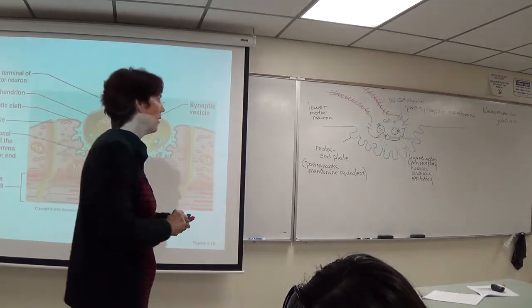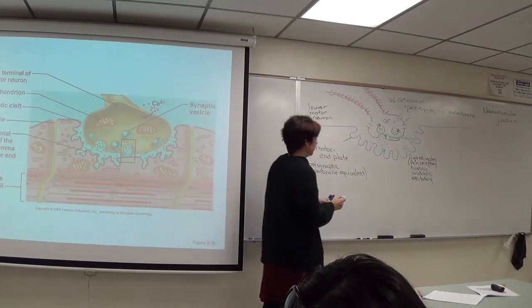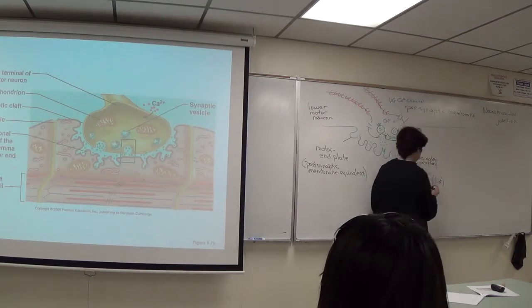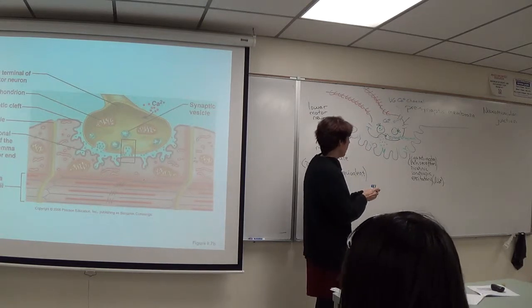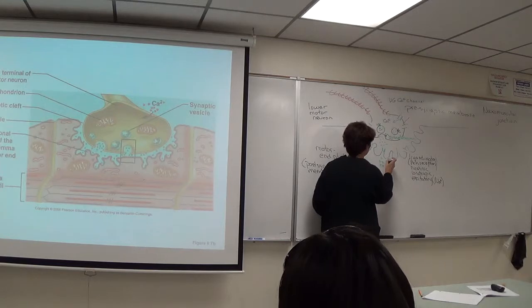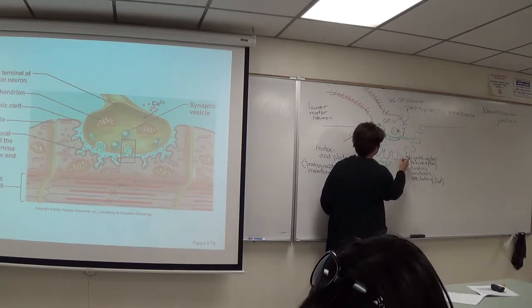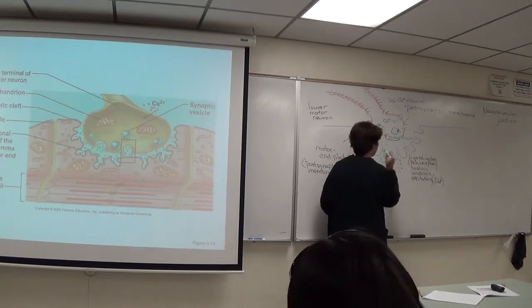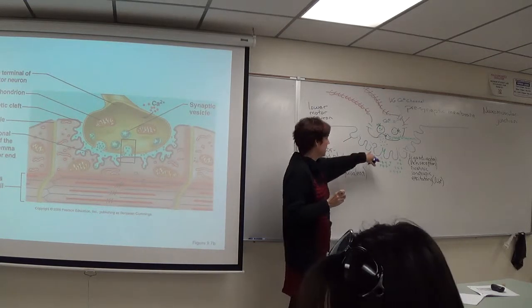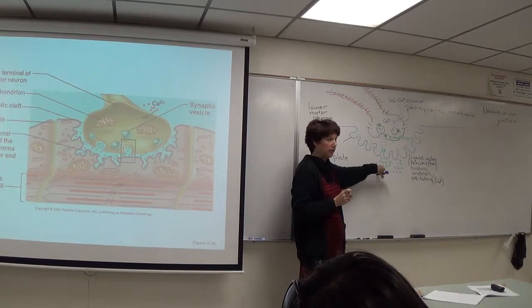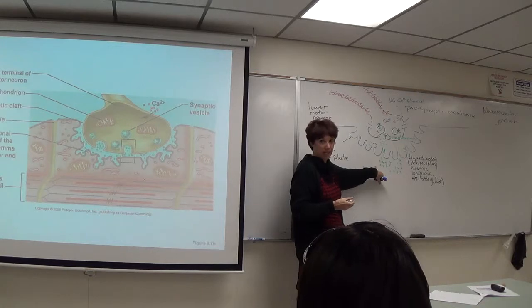So now this is going to open sodium channels. And sodium ions will enter the cell. Muscle cells also have threshold potential. So this is a graded potential, right? Ligand gated channels, when they open, create graded potentials.